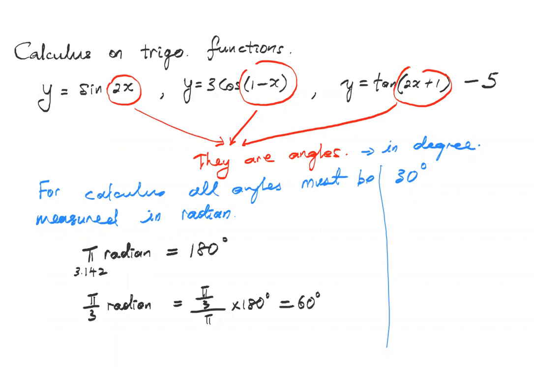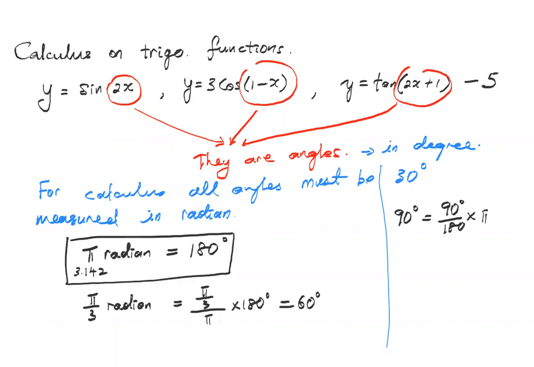If I give you in degree, 90 degrees is how many radian? I take 90 divided by 180, then times pi. So the key is from here. Got it? So I got pi by 2 radian.